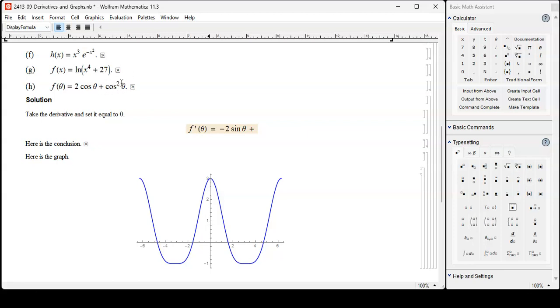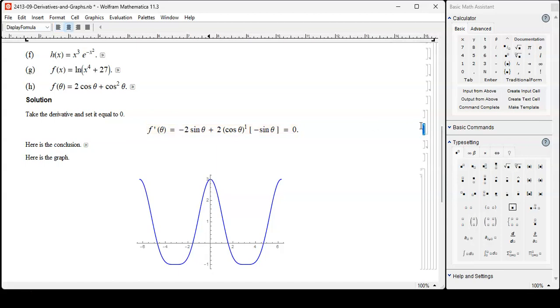You see, outer function is not cosine, it's the power function 2. So 2 comes out, and subtracting 1 from the power, and nothing changes inside, and then the derivative of the inside. That's a chain rule. Inside is cosine. And then derivative of cosine is negative sine. And setting this one equal to 0.